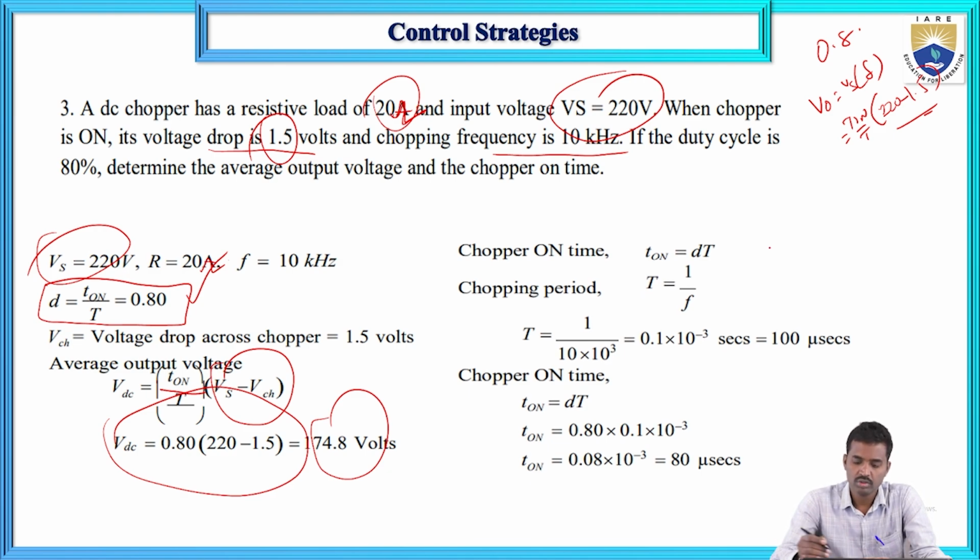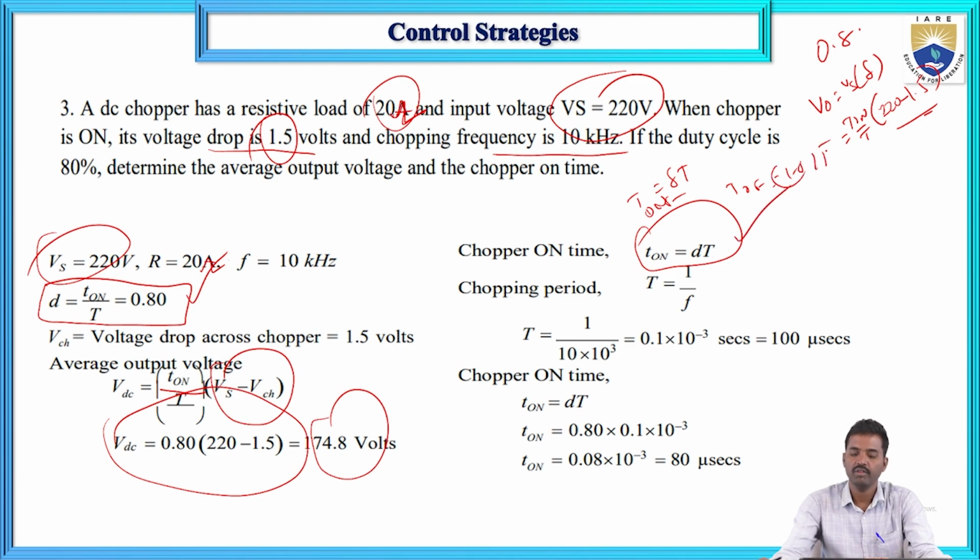And now the chopper turn on time: T on equals delta into T, and T off equals 1 minus delta into T, that we know very well. And what about T? T is given by the chopping frequency, so T equals 1 by f.